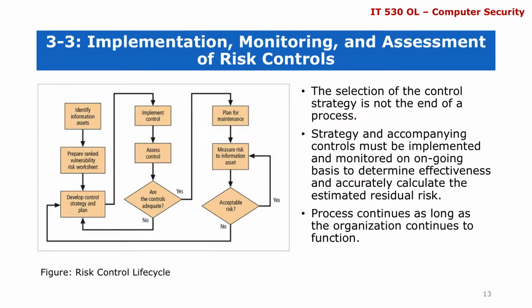Then the last part, which is the implementation, monitoring, and assessment of risk, involves understanding how to implement the control itself, and then monitoring and assessing the control to make sure that it is working as it's meant to be and it still serves the purpose it is meant to serve, and the organization continues to benefit from it.